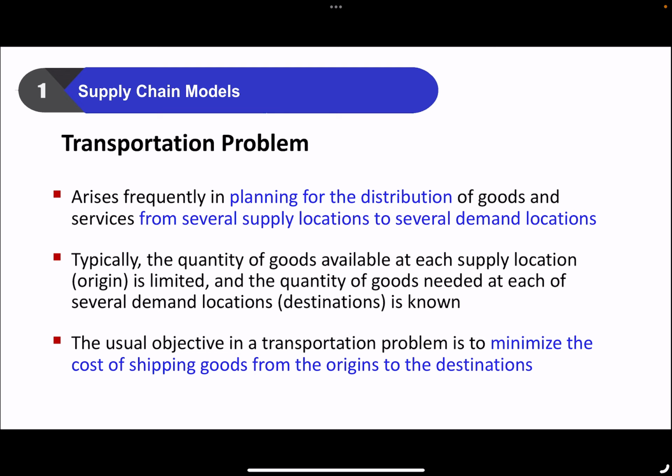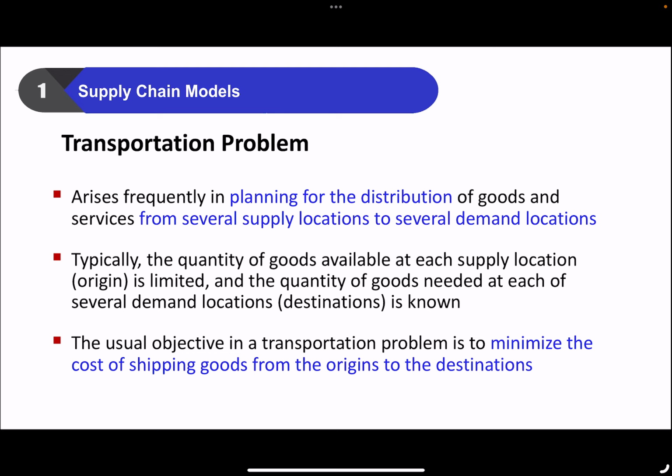This problem generally arises when we want to plan for the distribution of goods and services from several supply locations to several demand locations. Typically, the quantity of goods available at each supply location is limited, and the quantity of goods needed at each of the several demand locations or destinations is known.